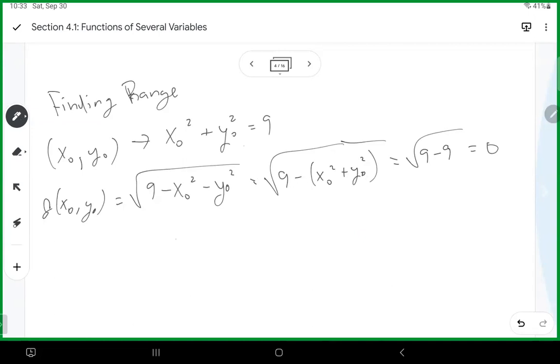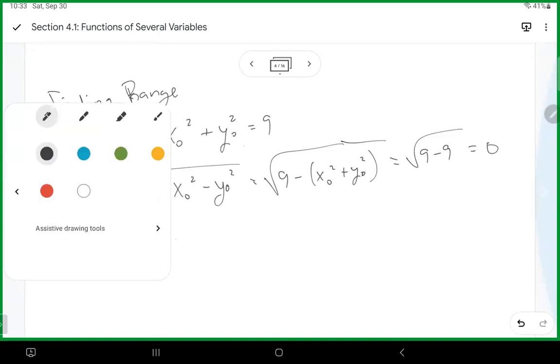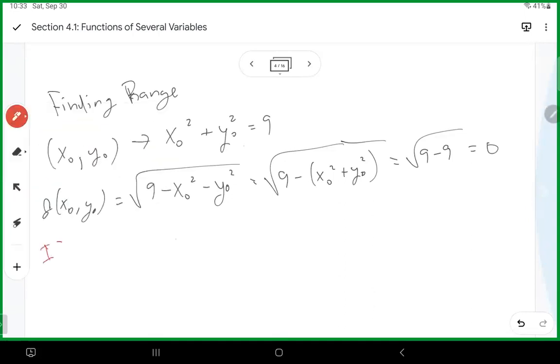If x sub 0 squared plus y sub 0 squared equals 0, in other words, if x sub 0 equals y sub 0 equals 0, then we would have the following. So let's write that out since it's our first time doing it. If x sub 0 squared plus y sub 0 squared equals 0, that's the same as x sub 0 equals y sub 0 equals 0.